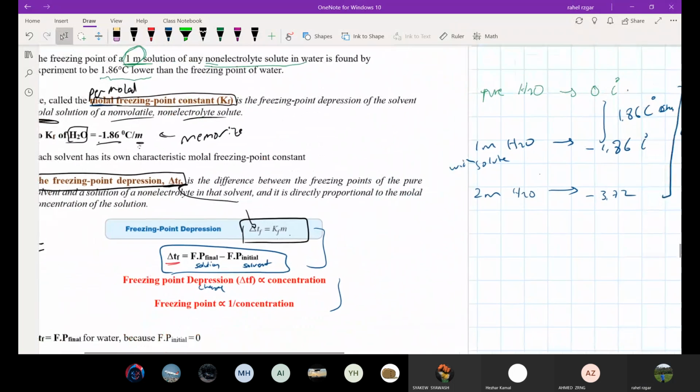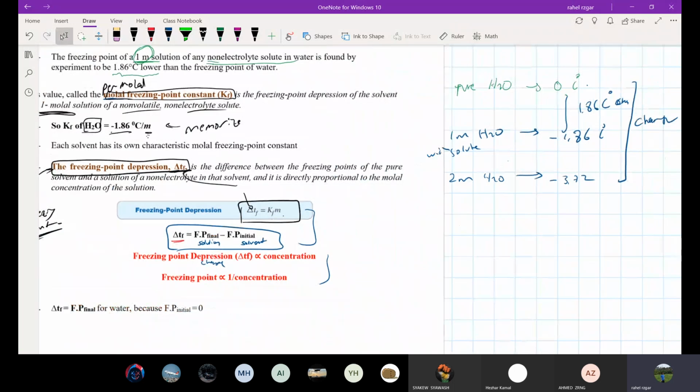Second, if we increase concentration from 1, then freezing point has decreased. From 0, it has become what? Minus 1.86. So it has decreased. But what has happened to the change? The change has increased.